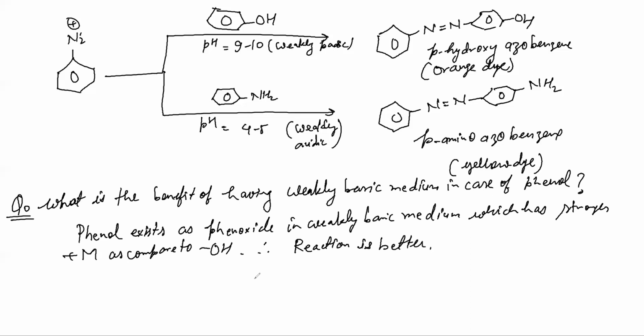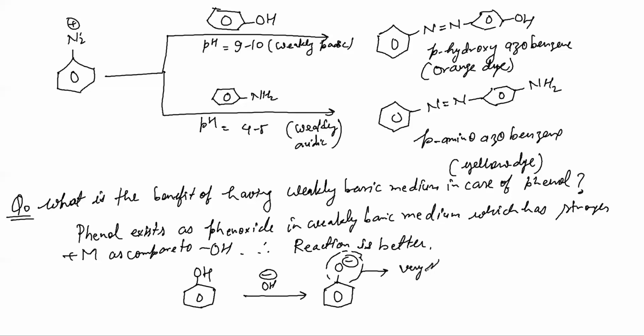If I show you this phenol, in case of weakly basic medium, it exists in the form of phenoxide like this. And this phenoxide has a very strong plus M. If very strong plus M is there, will the reaction be better or poor? The reaction will definitely be better. Is it clear?